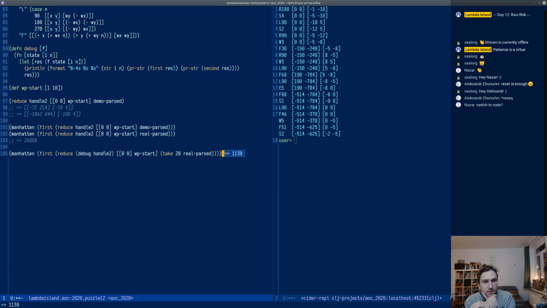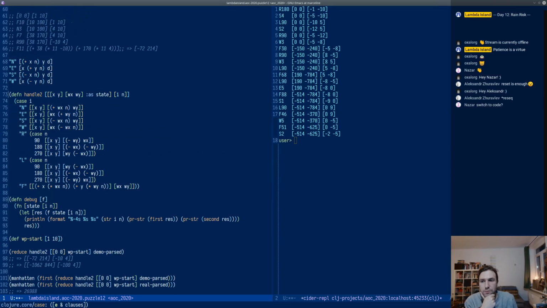Oh, is that right? West. East increases y, whereas going west should decrease y. I think it's about a rotation.